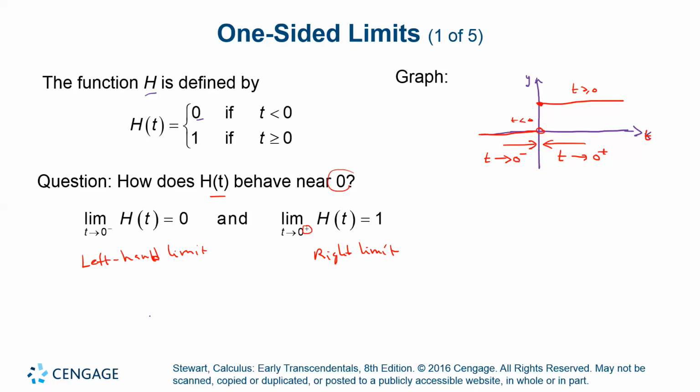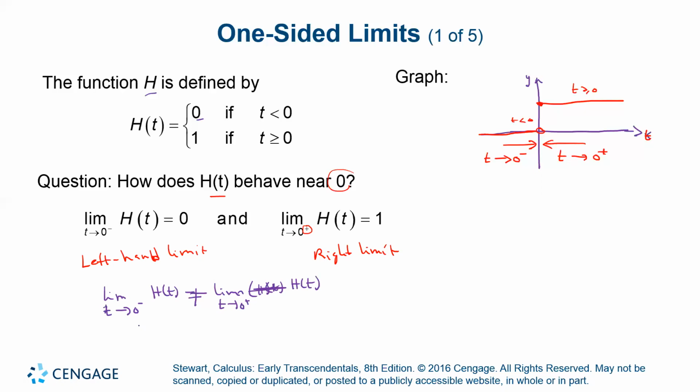And so what you can say is that the left-hand limit, the limit as t approaches 0 from the left of the function h, is not equal to the limit as t approaches 0 from the right of the function h of t.